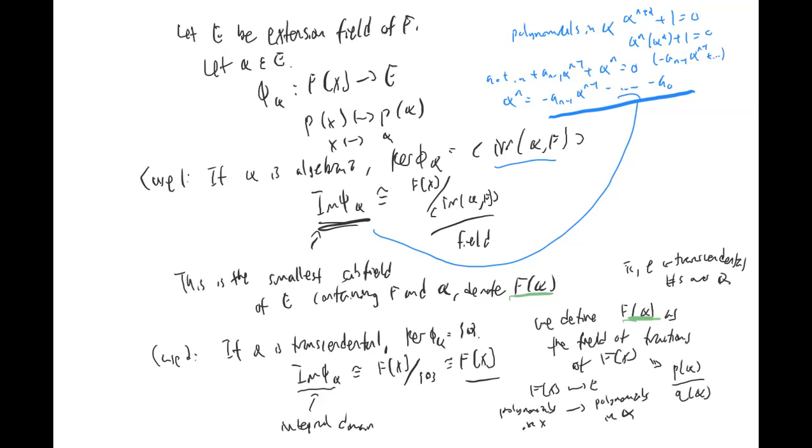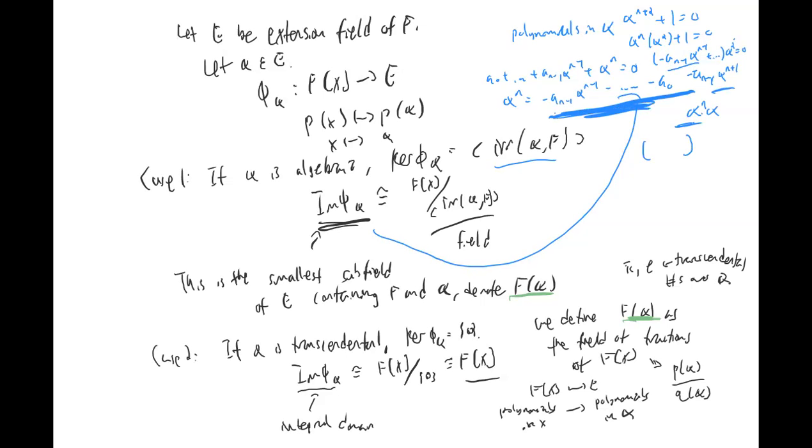So now my power went from n plus 2 down to n plus 1. I'll just focus on this term, this is alpha to the n plus 1 when I multiply by alpha squared. Now alpha to the n plus 1 is alpha to the n times alpha, and then I can rewrite alpha to the n again as whatever is in here, and you just keep doing it inductively.